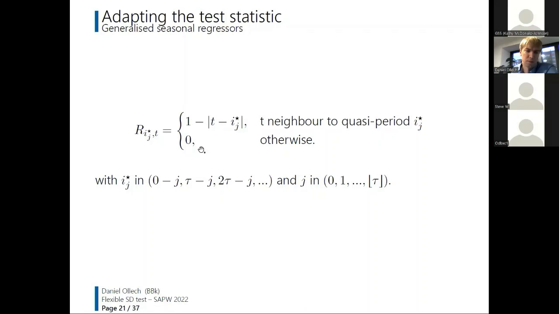So it's basically combinations of neighboring observations of the regressor, and then the weight given by the distance of the seasonal signal to the observable observations, if you like.